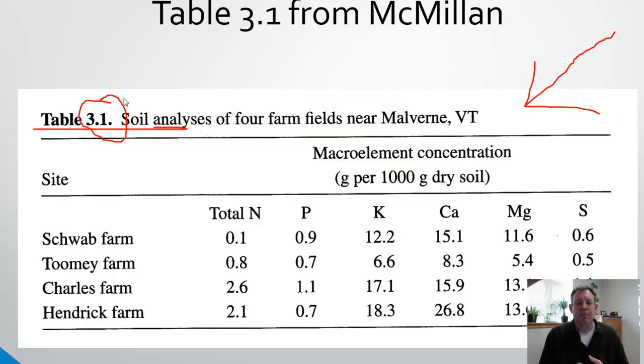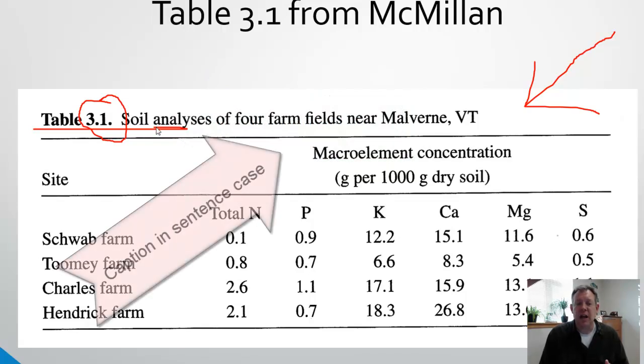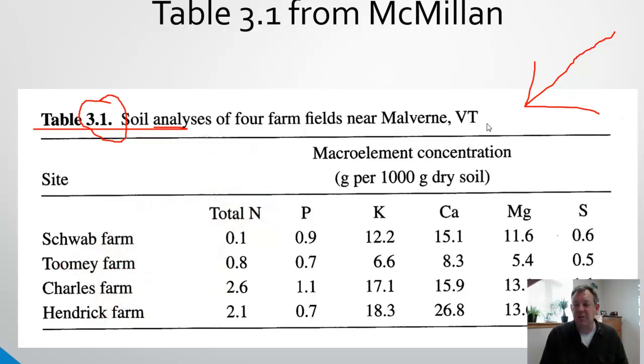You'll see that the caption is in what I call sentence case. It's not necessarily a title. It's just a description of what's in the table, but you notice it's not really a sentence. They don't have a period here. That varies from document to document, whether or not it's an actual sentence or whether it's more like a title.